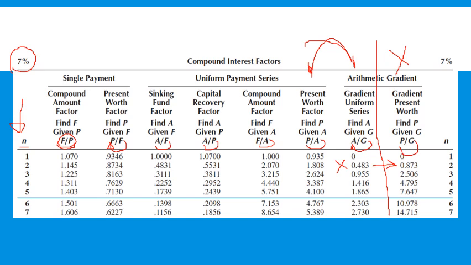Whenever, for example, the factor is given as F by P comma 7 comma 3, let us assume a simple example of F by P comma 7 comma n is say 3.